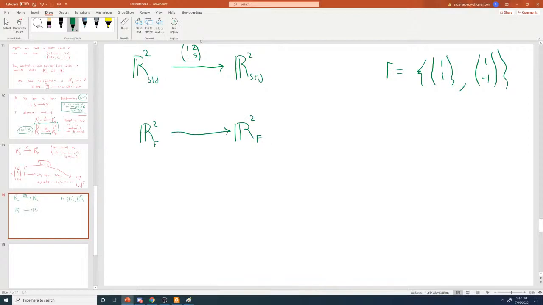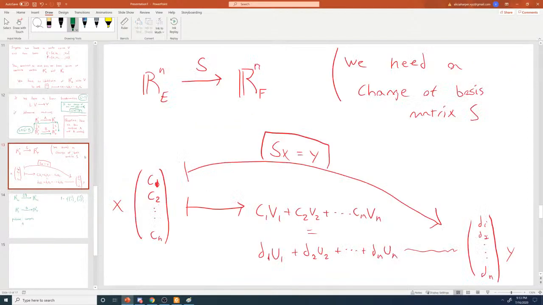Likewise, this matrix right here is going to determine a matrix B here, and I want to compute B. So the problem is to compute B. The first thing I have to do is figure out how to relate this space of coordinate vectors with this space of coordinate vectors. In other words, I have to go back to this picture and figure out the change of basis matrix S.